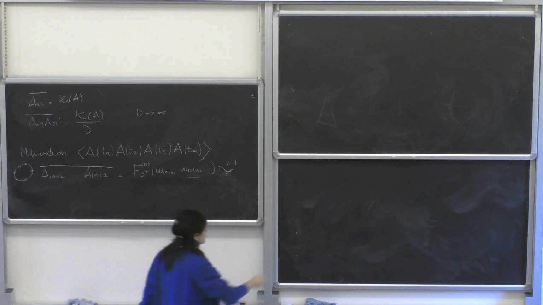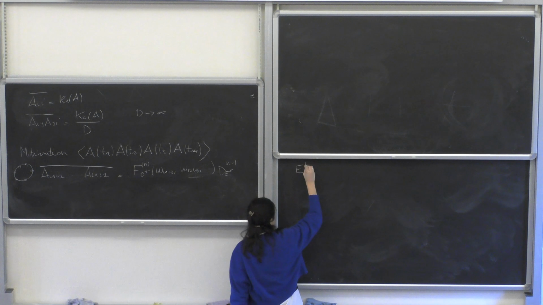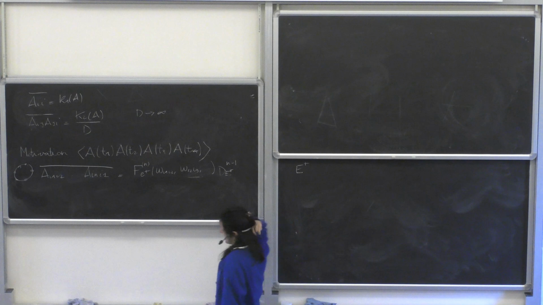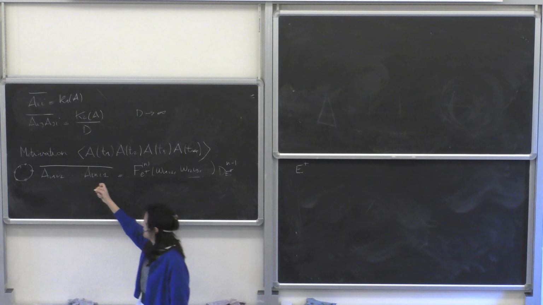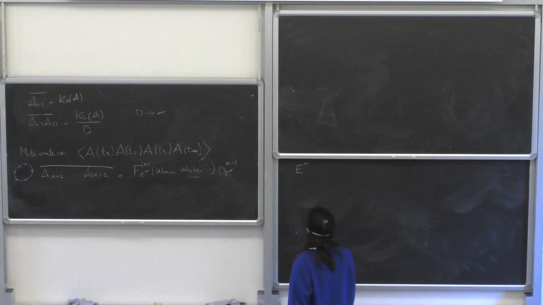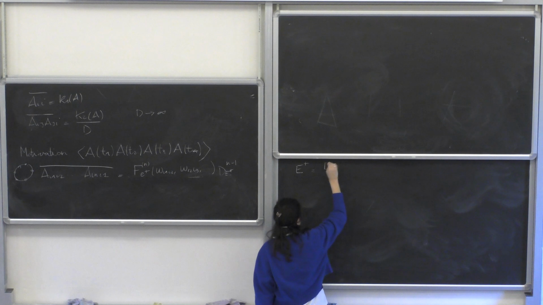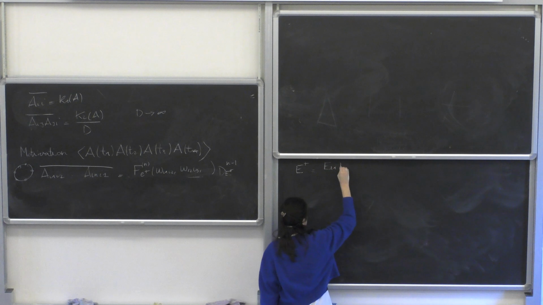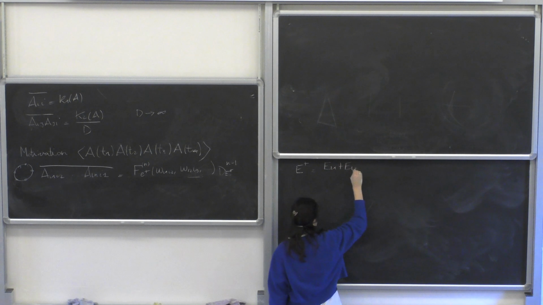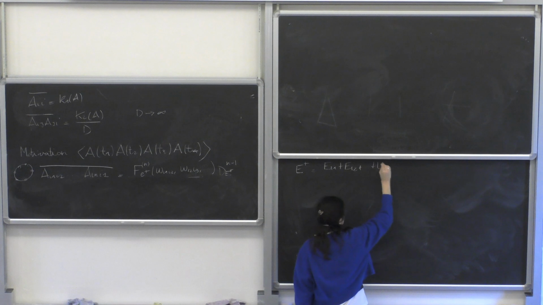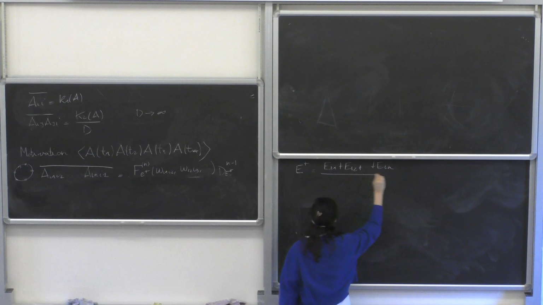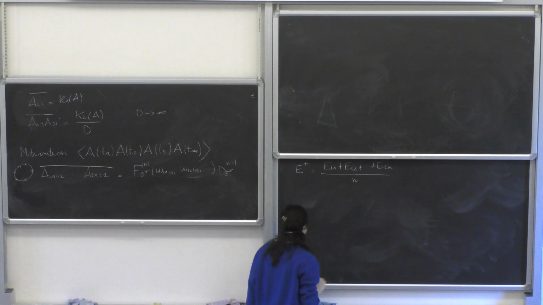So I remind you that E plus was the average energy. Now we're taking n energy indices, so this is E_I1 plus E_I2 plus up to E_IN, divided by n.